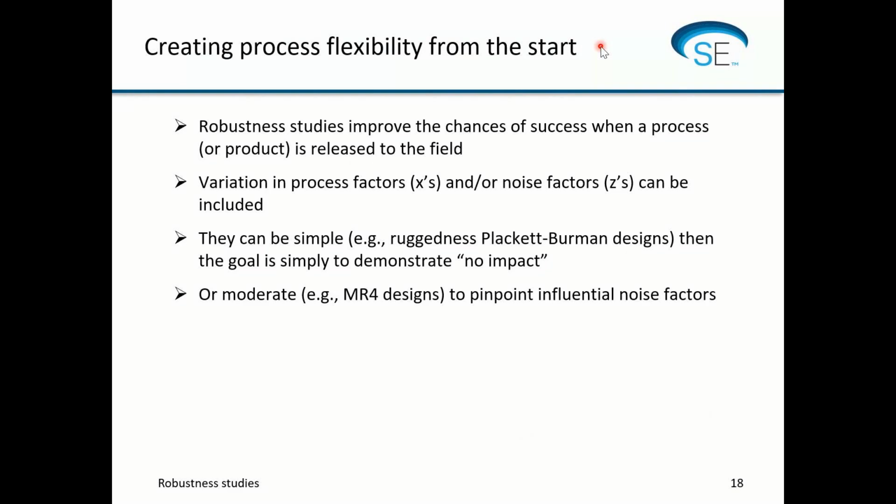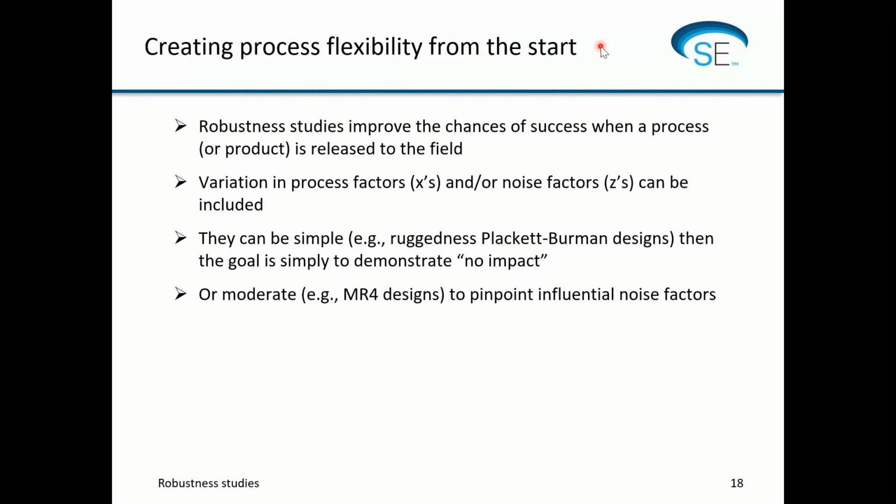In general, looking at what we've talked about through the 2 webinars now, robustness studies improve the chances of success when a process, or even a mixture, is released to the field. We can improve the chances of success by acknowledging that we're going to see variation in the field that we may or may not have seen in the lab or pilot system when we created these things.